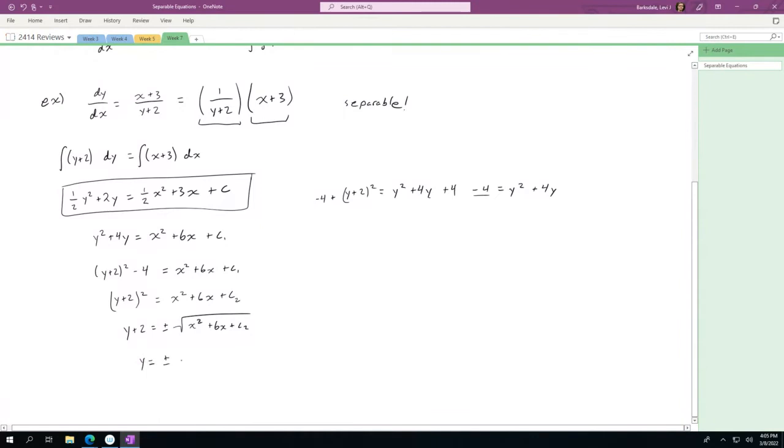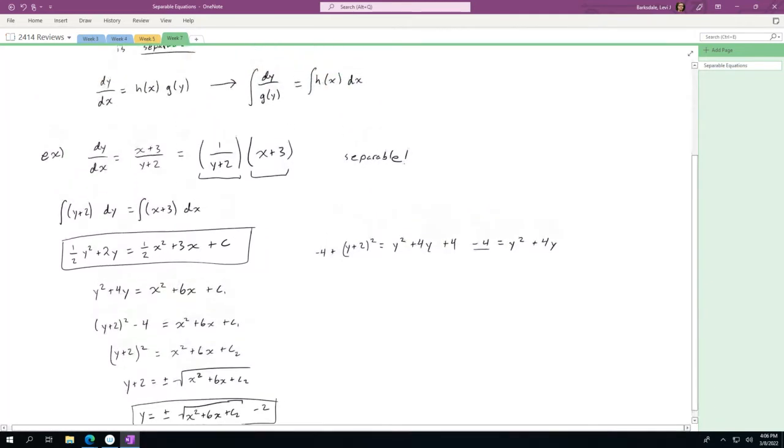So then y is equal to plus or minus the square root of x squared plus 6x plus c2, minus 2. And that would be a closed form solution to my differential equation. But again, this is mostly just algebraic simplification. The key takeaway here is I can separate my original differential equation into the product of an x function and a y function. So this is a g of y times an h of x.